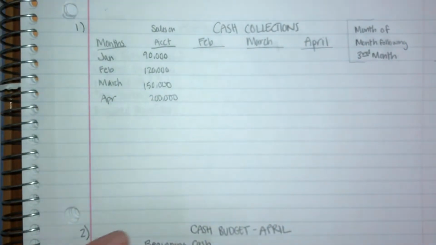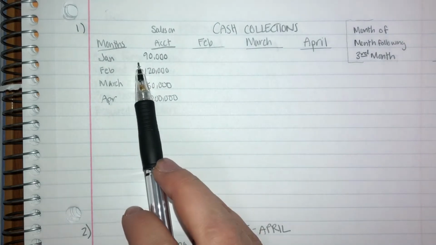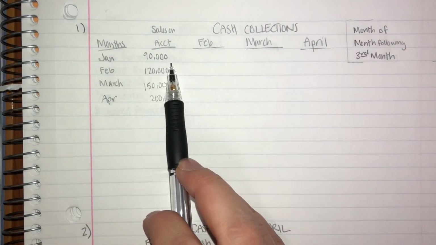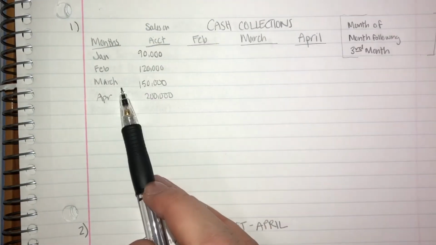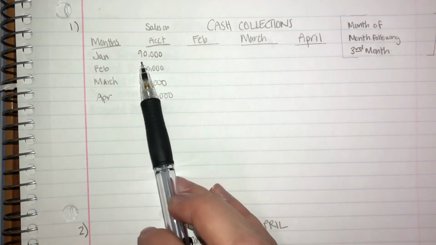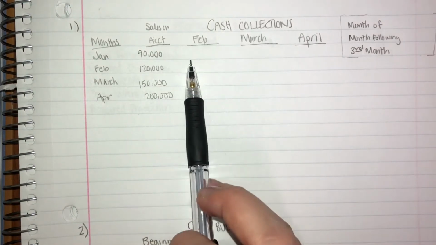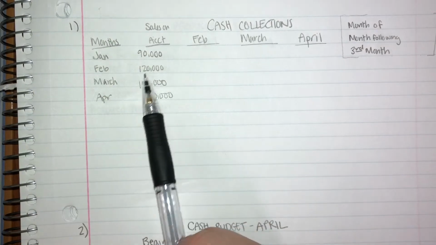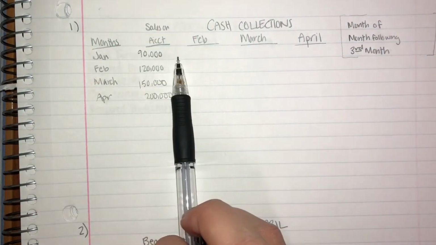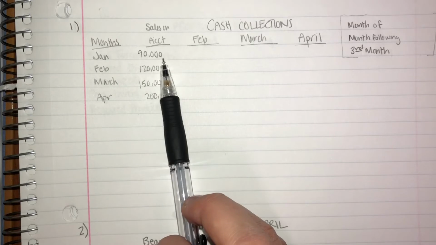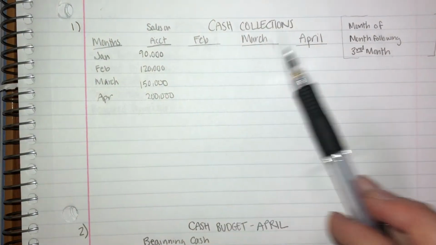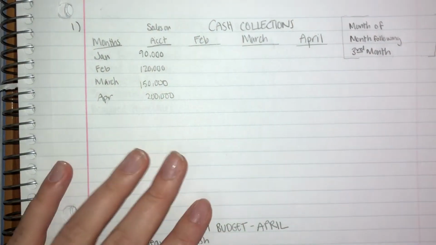Another thing you may be wondering is, you're doing this 90,000 here for January, but we just want these months. That's true, but there's parts of January that are actually going to impact February. I like to call this our ghost month, because we need information from it, but we're actually not trying to determine really anything for January.